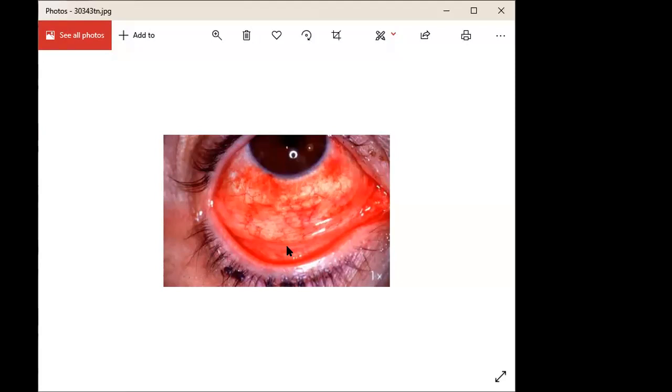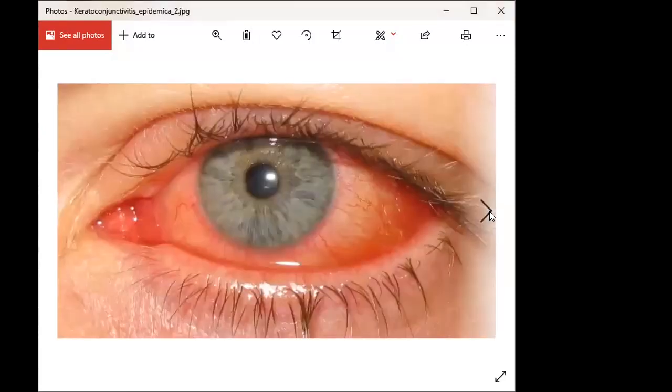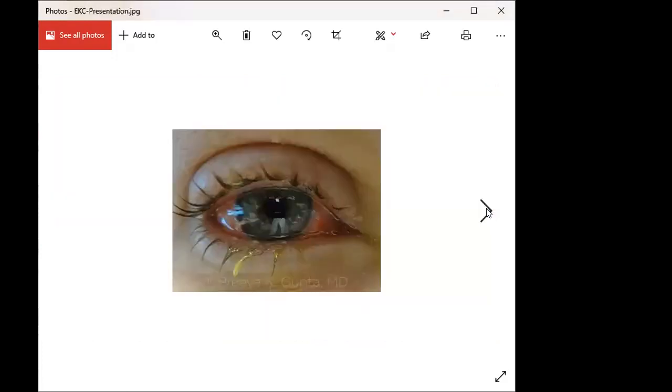The next thing we learn today is acute herpetic conjunctivitis, right? This is an example of keratoconjunctivitis where the redness of the eye is complete. The whole eye is red and swollen. The cornea is also a little swollen, with puffiness present.